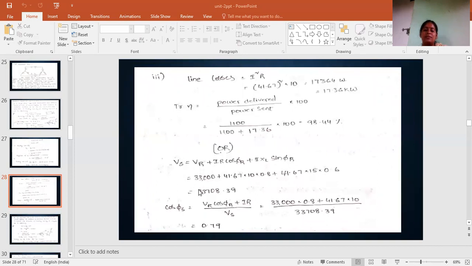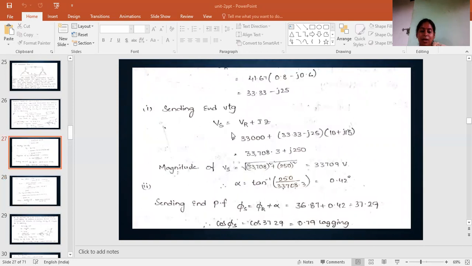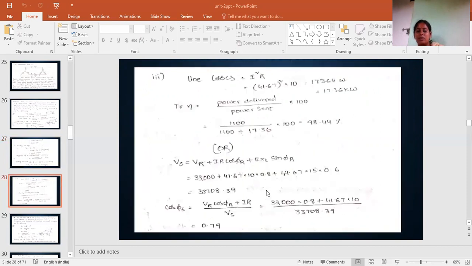Substitute all the values and add them. So we get 33,708.39. This formula also gives the same Vs value, 33,709. The point difference is no problem at all.